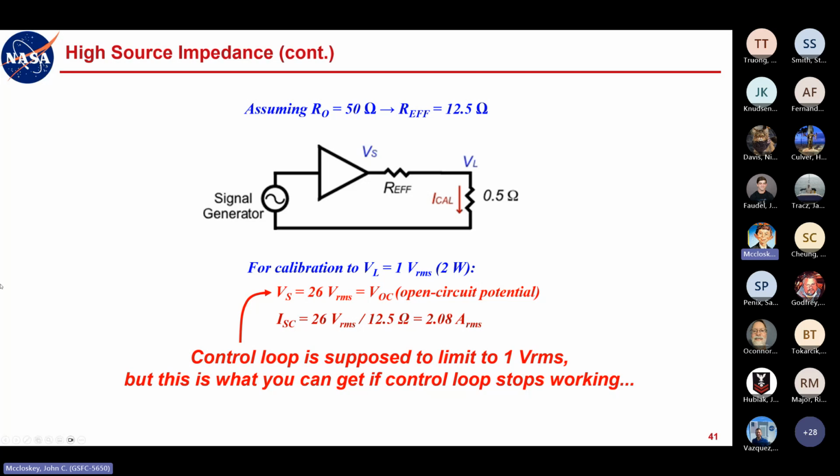So they were applying the entire open circuit potential into their equipment under test. So applying 26 volts on top of a 28 volt feed, and I think in their case it might have been a 120 volt feed, but whatever the case may be, when you think you're limiting to 1 volt and you accidentally apply 26 volts, that's not a good day.